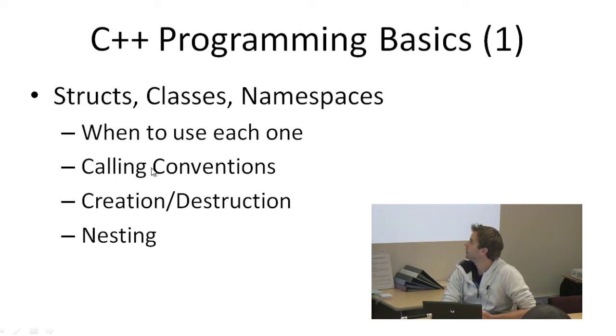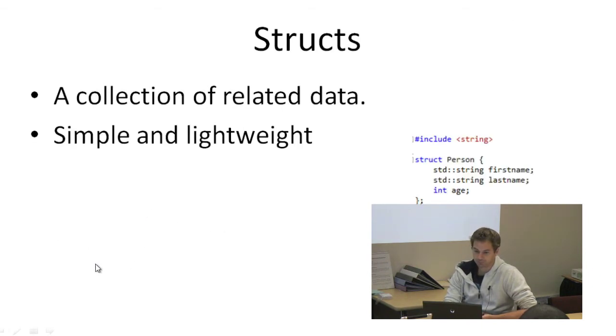Namespaces is something new. We're only going to cover it because you're going to need to know how to use them, not because I expect you to create your own. But we'll look at when to use each one, what calling conventions are used, how to create constructors and destructors, and nesting. So we're going to be using Visual Studio.